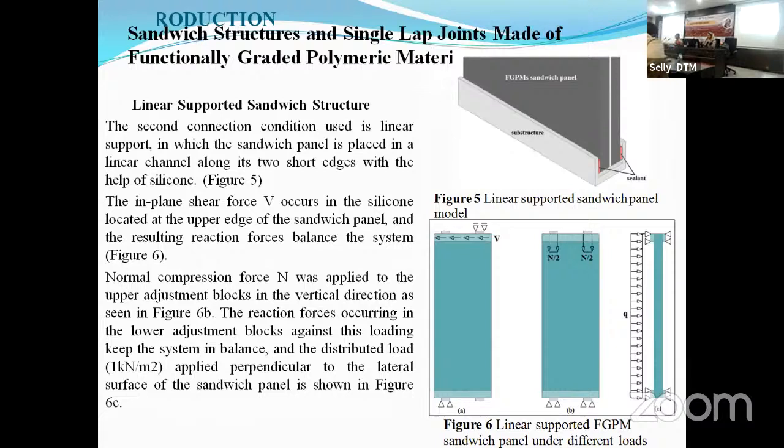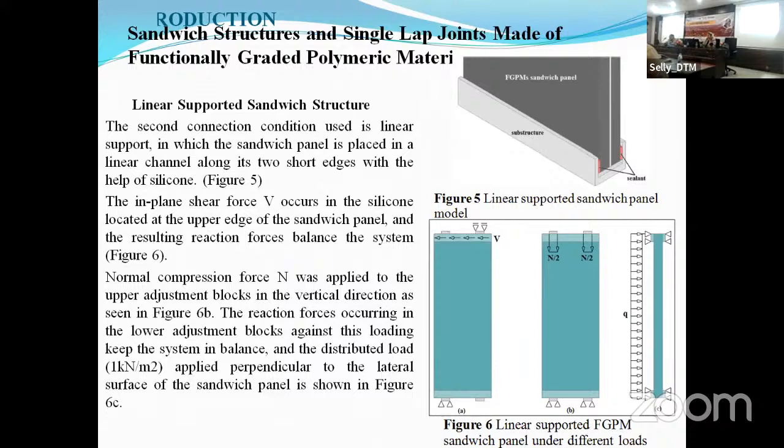And then what about the linear support for us? Generally, in architecture, we can use this kind of support. Do you know a pavilion? A pavilion is a structure where the walls are all glass and the top is glass.